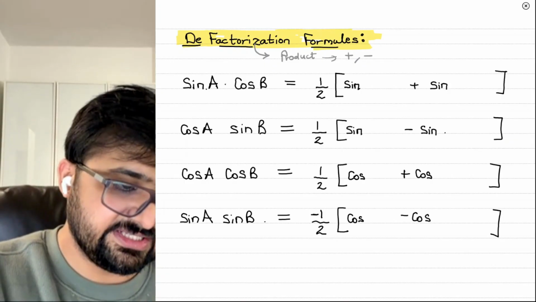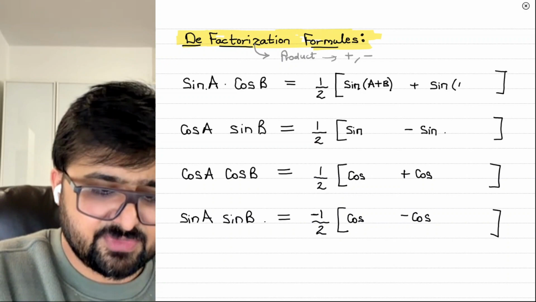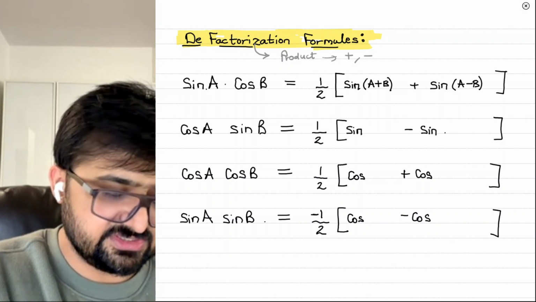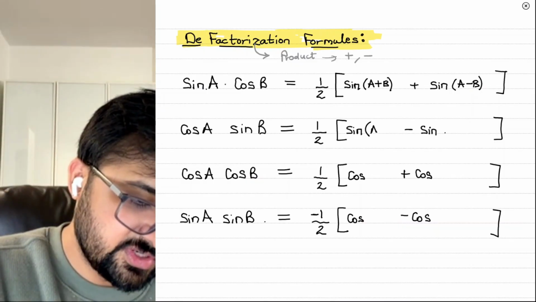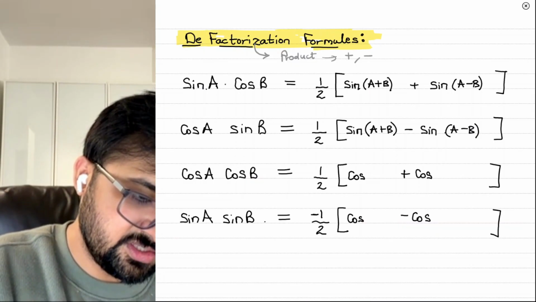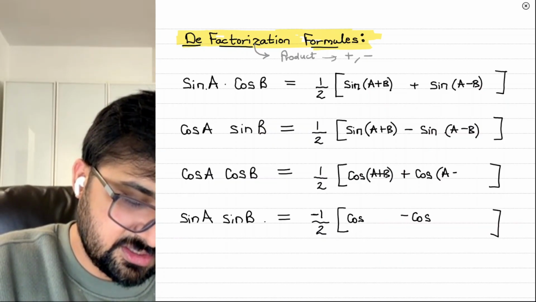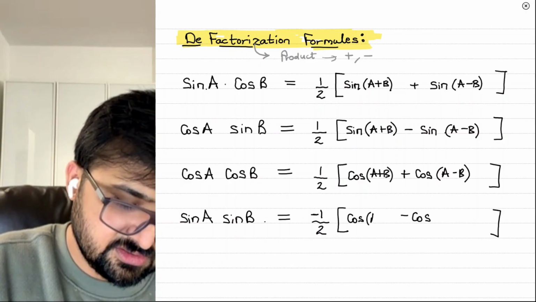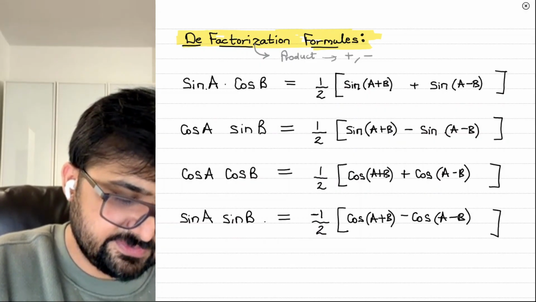Now the only thing left is the angle. The angle is always a plus b and a minus b: addition of two angles and then subtraction of two angles. Even here, a plus b and a minus b.